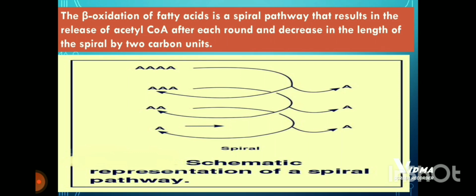The result of this is the release of acetyl coenzyme A after each round and a decrease in the length by 2 carbon units. It means after each round of beta oxidation, acetyl coenzyme A is released, and in parallel the length is decreased by 2 carbon units. This is the schematic representation of the spiral pathway.